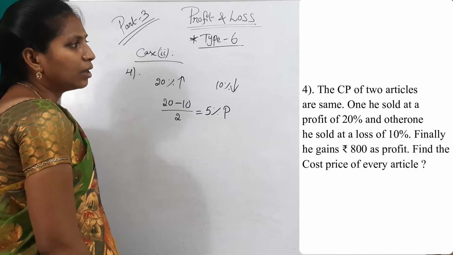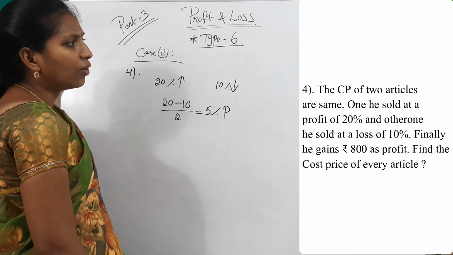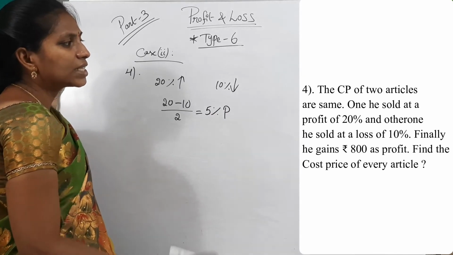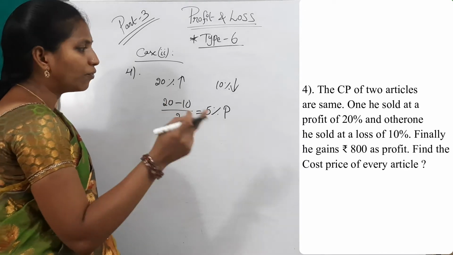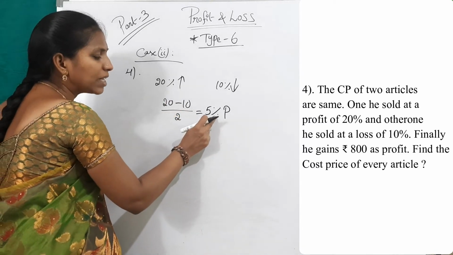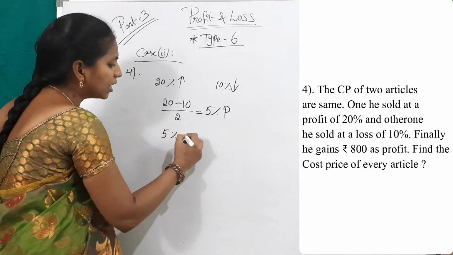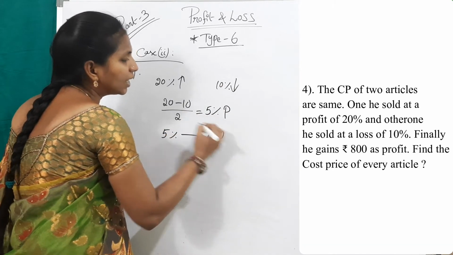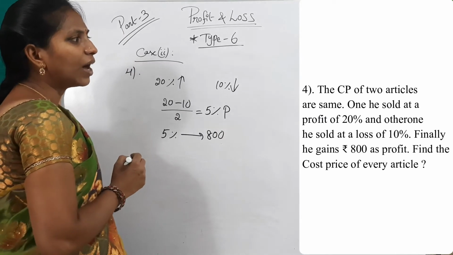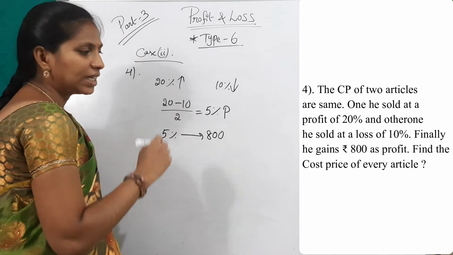Here in this question they have given that finally he gains 800 rupees as a profit. It means here 5% is equal to 800. Then find the cost price of each article.